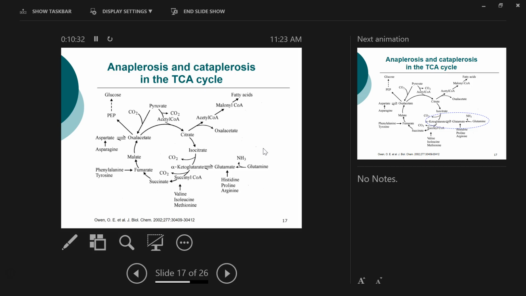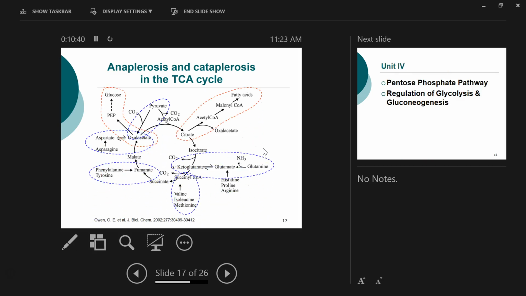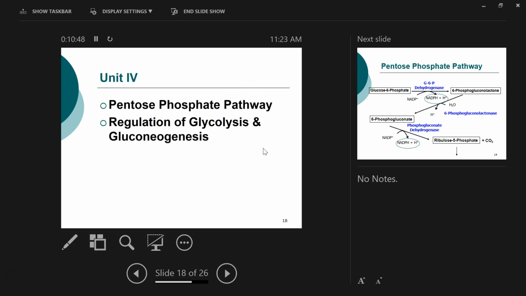And this anaplerosis and ketosis, I think I described this already, right? So you just need the concept, right, of what process is called ketosis and which process is called anaplerosis. And the pentose phosphate pathway, which is the last. Oh no, not last.